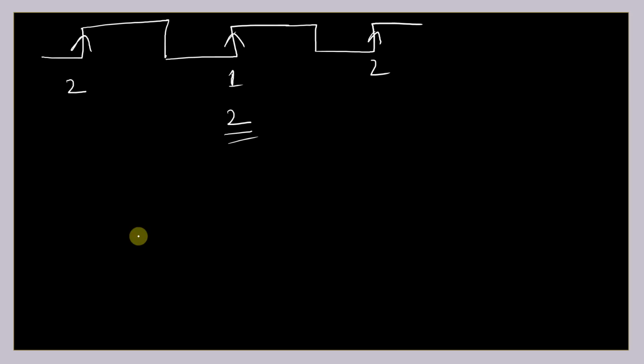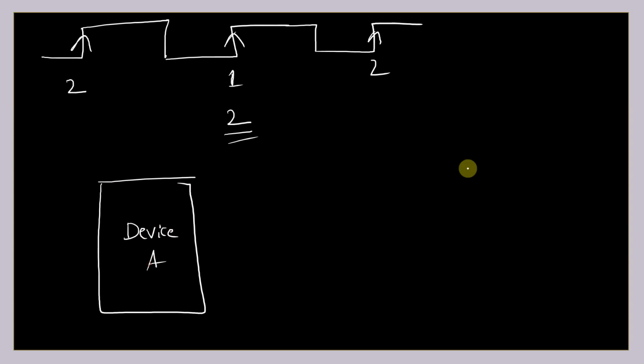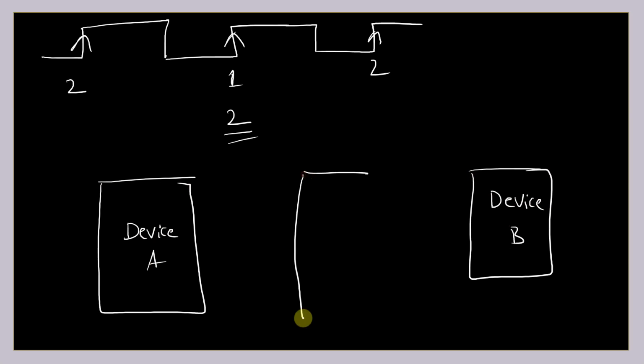Now in this particular case, you're going to use a FIFO. So we have a device A and a device B, and we have a FIFO over here. This FIFO is going to temporarily hold the data.